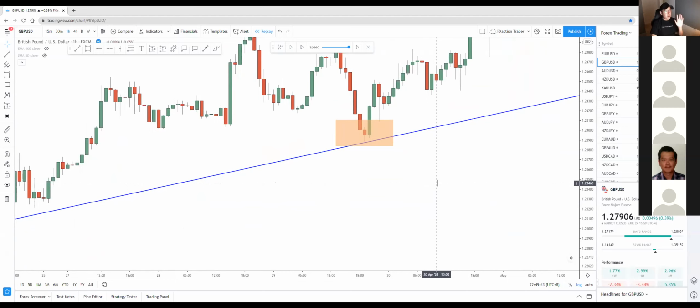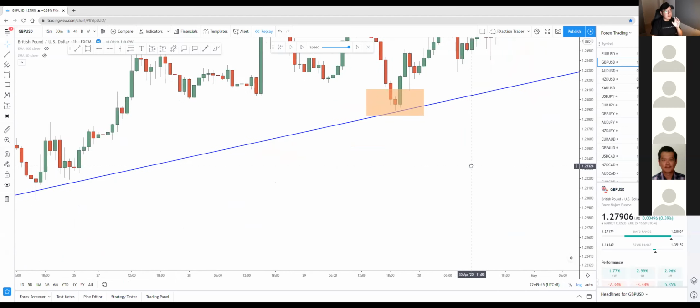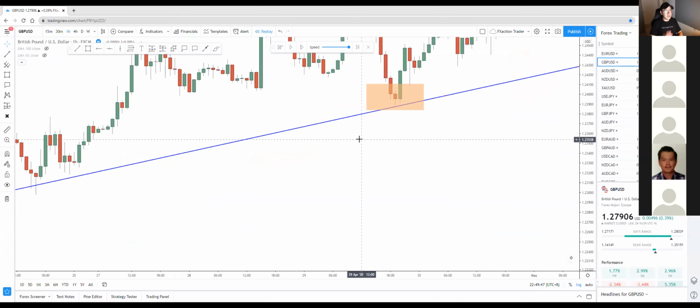Okay, so in order for me to accept a valid engulfing candlestick, I need the market to show me some criteria.